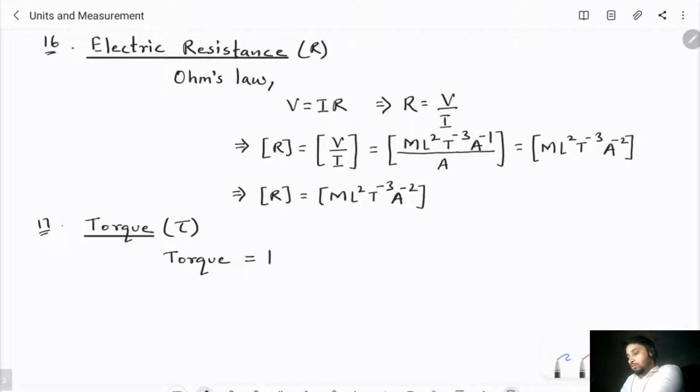Torque is force into perpendicular distance. Or we can write it as tau as F into r perpendicular.